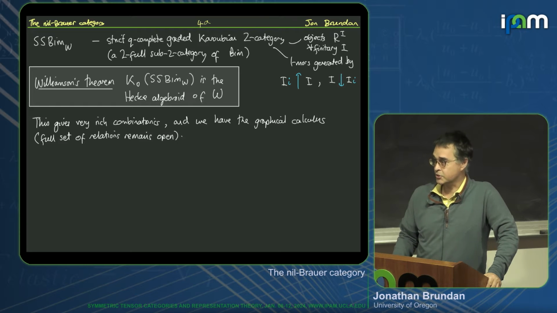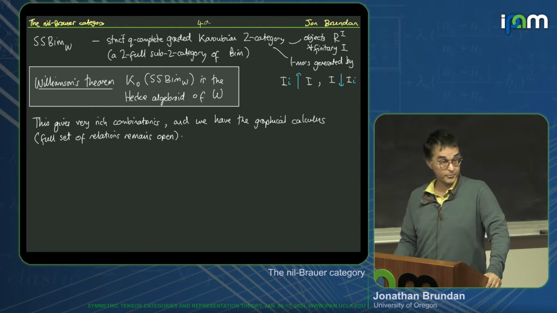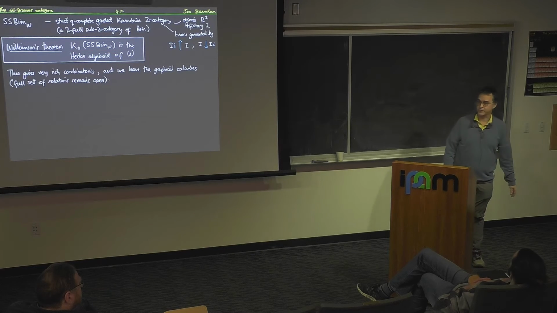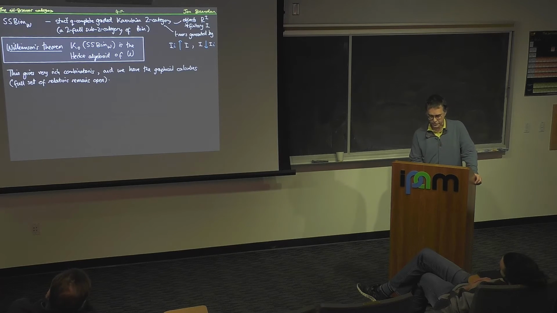And Geordie Williamson's PhD thesis actually investigated this category. That was before he was doing anything diagrammatic, but he studied this from an algebraic perspective, and he computed the Grothendieck category of this 2-category. So that's what I'm going to write as K0 of singular Soergel bimodules.